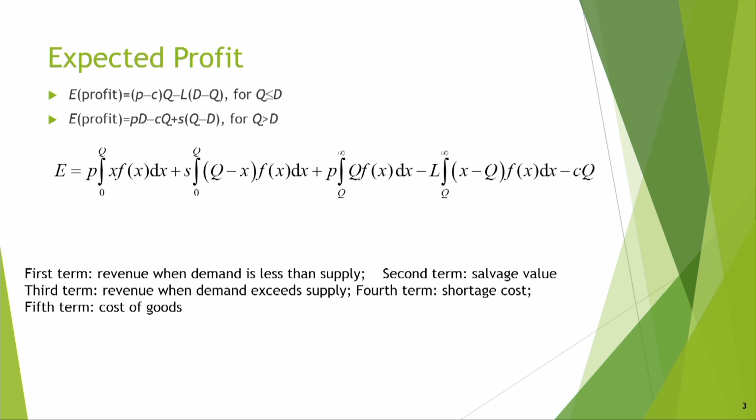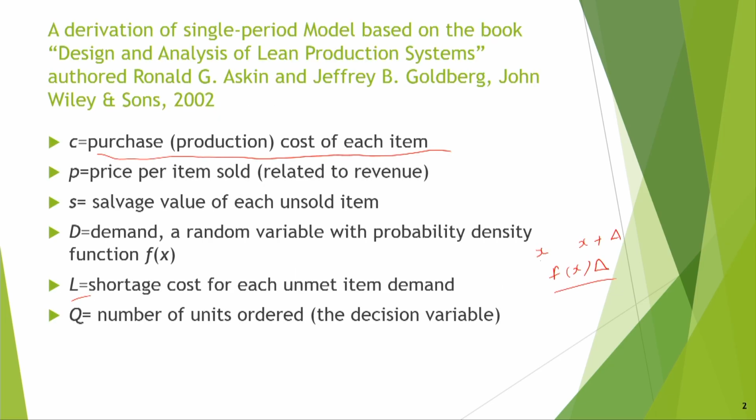Now, expected profit: how much profit is expected in two situations. Suppose your demand is more, but you ordered a smaller quantity, so Q is smaller than or equal to D. In that case, profit will be (P minus C) into Q, because obviously per unit price is P and cost is C, so P minus C gives profit per unit, multiplied by Q units. But because demand was more, you will also incur a loss due to shortage cost.